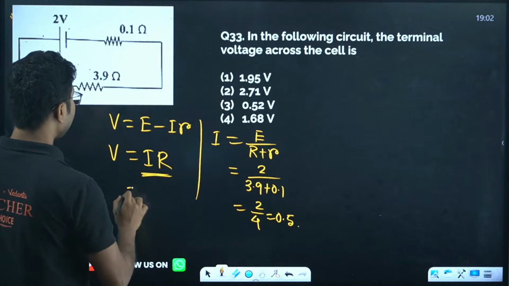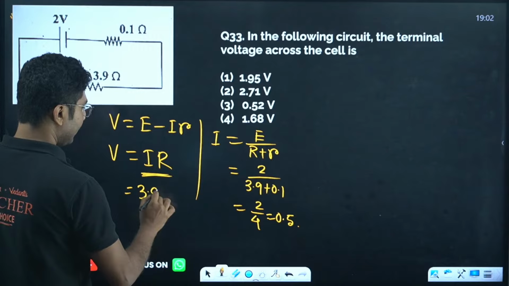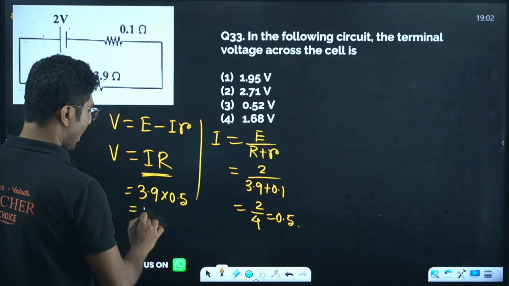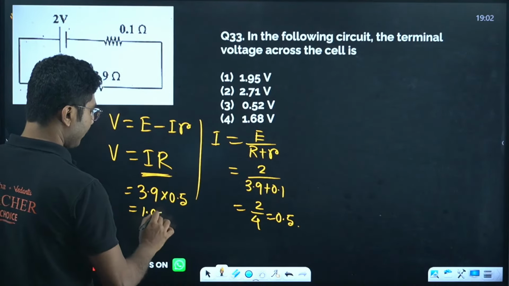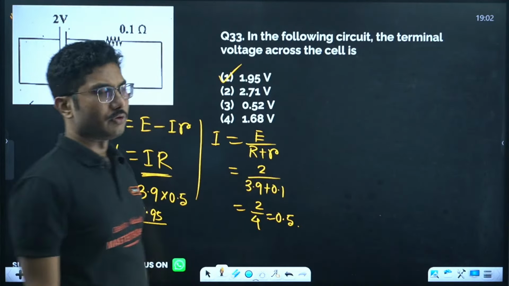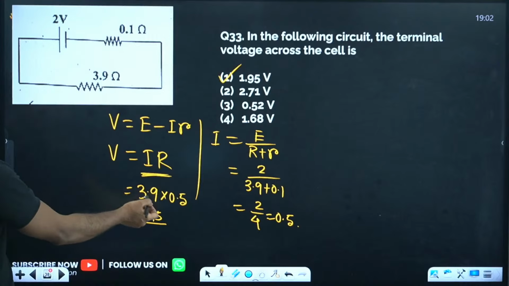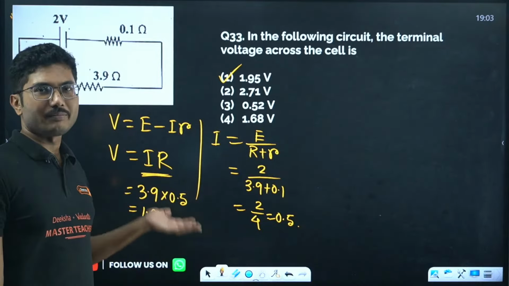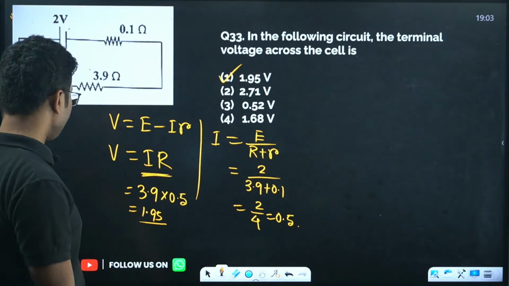Now you multiply it, 3.9 into 0.5, that is 1.95. So the correct answer is 1.95 volt. So 0.5 means half. 3.9 is half means 1.95.